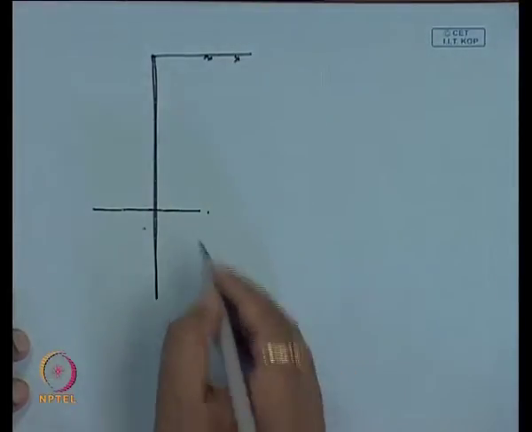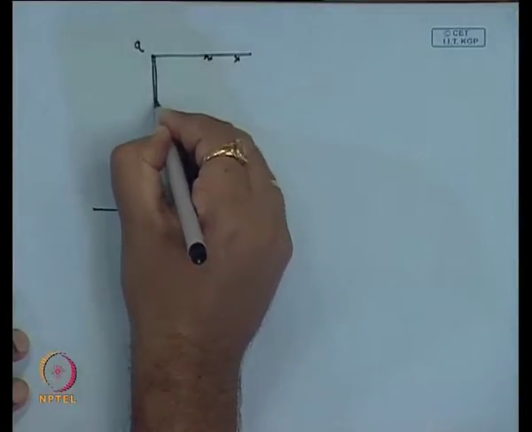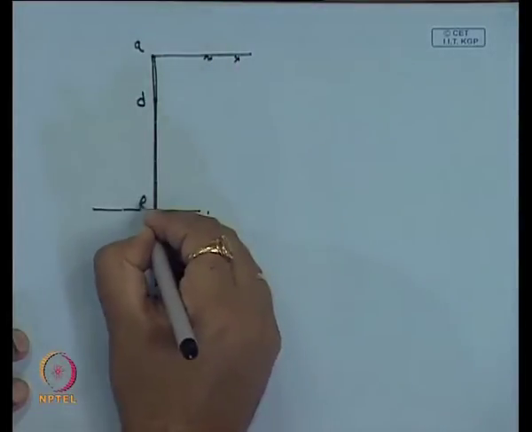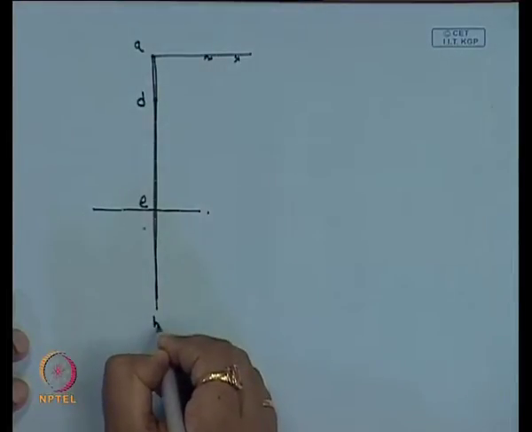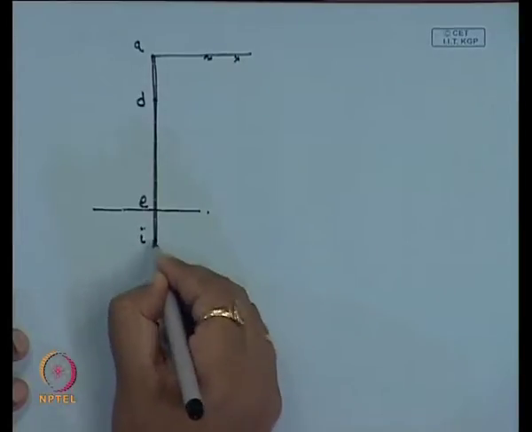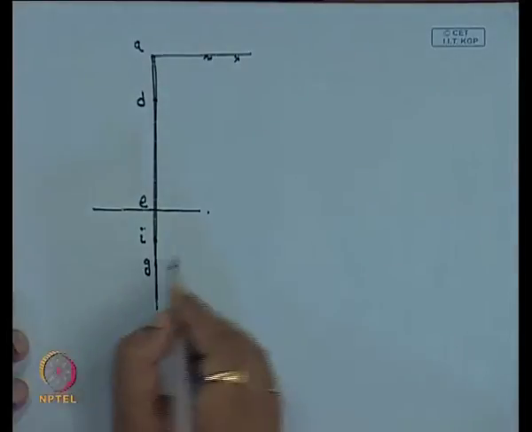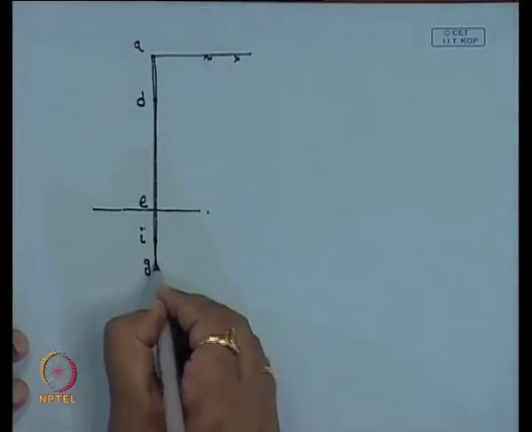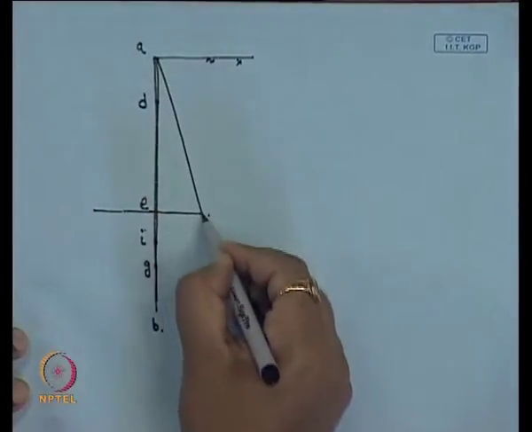In the pressure distribution diagram, this is A, this is the anchor point D, this is E, and this is B. Then one position is I, which is the point of contraflexure, and below that this is say G. So, if I get this diagram, you will get the granular soil.